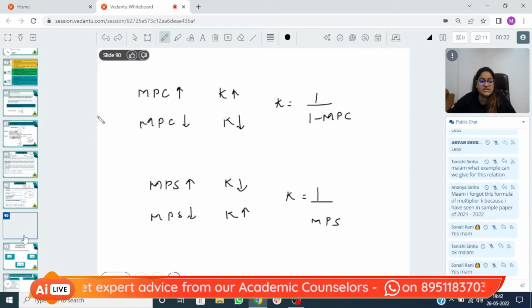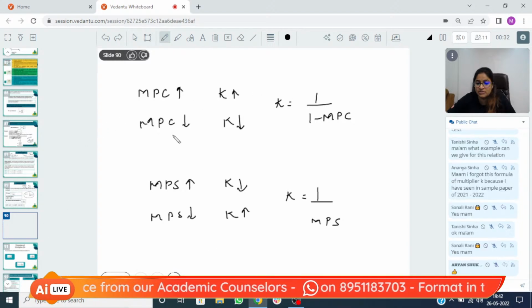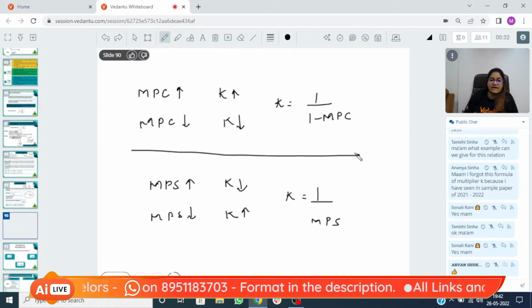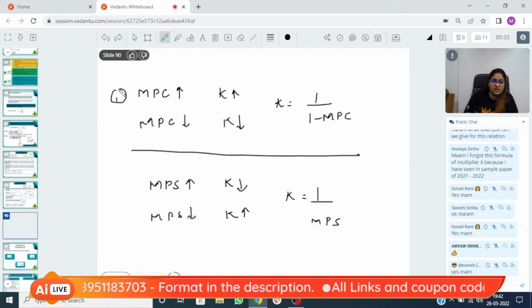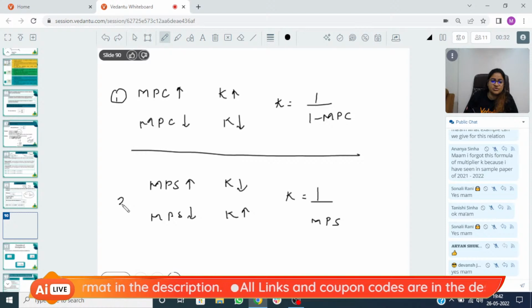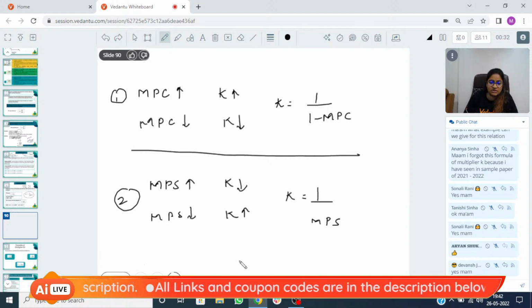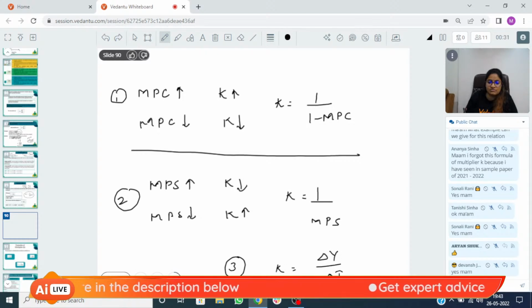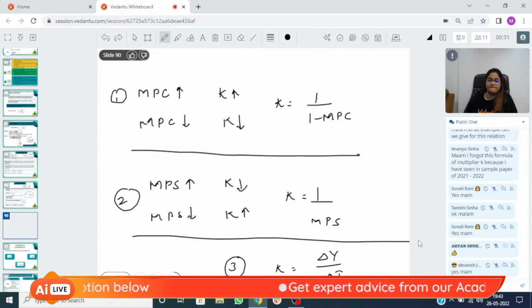Chalo, everyone please take down this slide. Ye likh lo fatafat. And write one more. So this is formula number 1, formula number 2 and formula number 3. I am writing one more formula. K is equal to change in income upon change in investment. Chalo, please write this down.